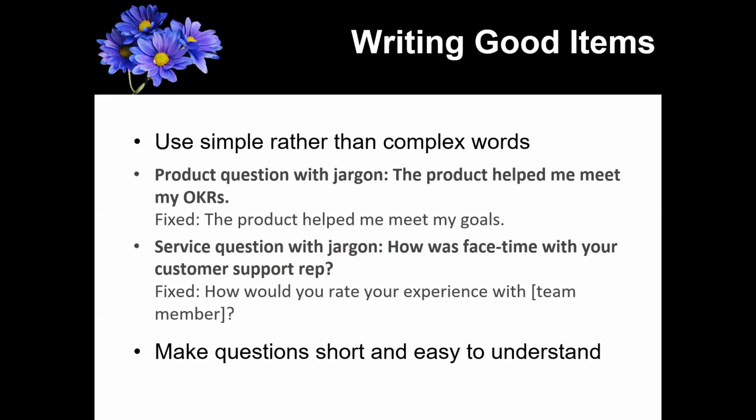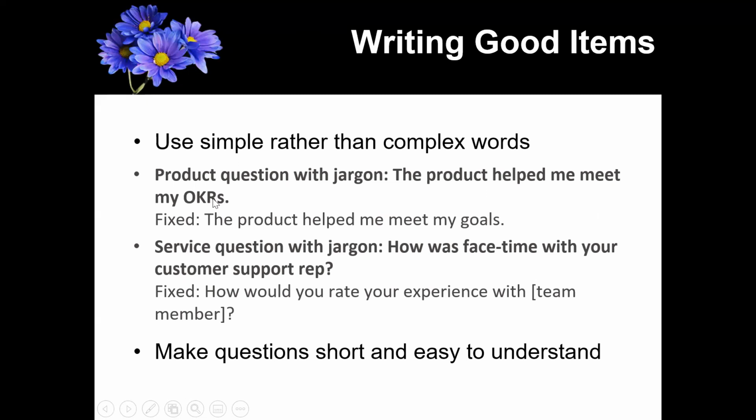So let's look at some examples here. Building up this issue, we don't want to use jargon. So if we were to say the product helped me meet my OKRs, if you're doing some sort of customer satisfaction survey, well, I don't know what OKRs are, so that could go wrong for several different reasons. One possibility is that they do have an opinion on what their goals actually are, and they could give you a good answer there, but now they can't because of the jargon.